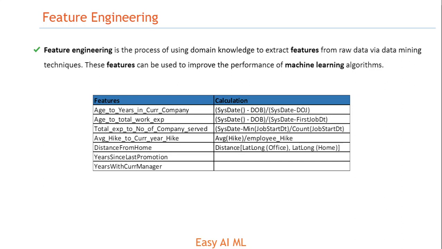So a person who has got more than average or less than average, if that particular feature can predict employee attrition, distance from home, years since last promotion, years with current manager. On the right hand side column you can see the calculation. So all these calculated values can help enhance the predictability of the model. This is called feature engineering.